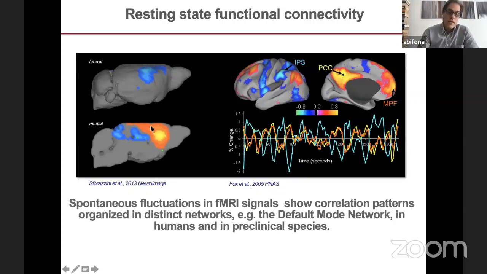This is an interesting observation because it points to functional connectivity networks reflecting some general principles of functional organization of the brain, but also points to the fact that it can be used as an endpoint in preclinical studies to try and translate findings between human and laboratory animals.